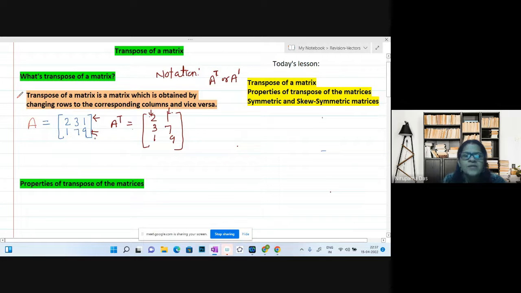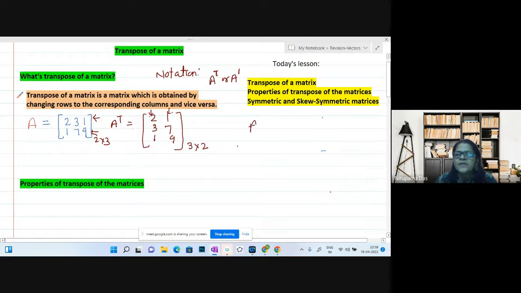So this matrix is of order 2 by 3. Now you see the transpose of the matrix becomes 3 by 2. It is because the rows are changed to corresponding columns and columns are changed to corresponding rows. At the moment you change rows into corresponding columns, columns will automatically be changed, so you don't think about that.